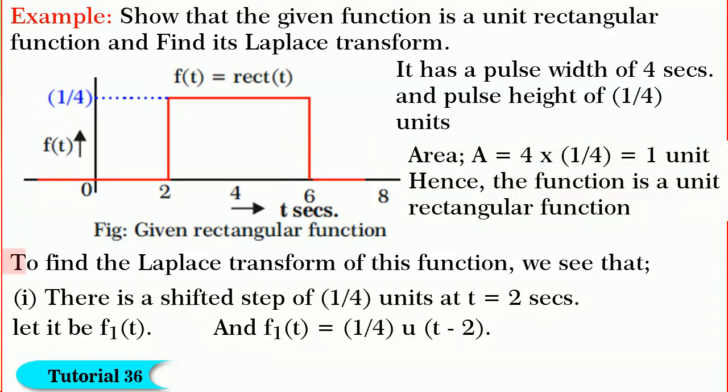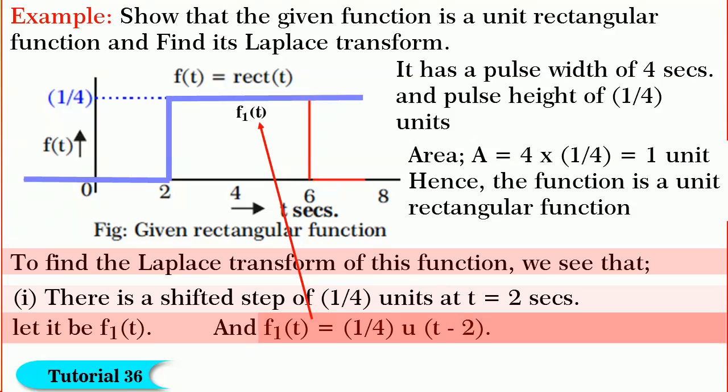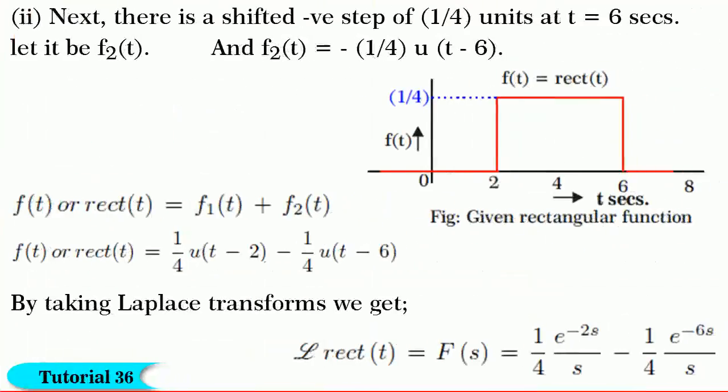To find its Laplace transform, we see that number 1, there is a shifted step of 1 by 4 units at t is equal to 2 seconds. Let it be f1 of t, and f1 of t is equal to 1 by 4 u of t minus 2. Number 2, next, there is a shifted negative step of the same strength of 1 by 4 units at t is equal to 6 seconds.